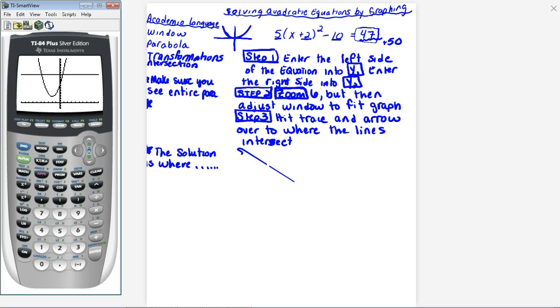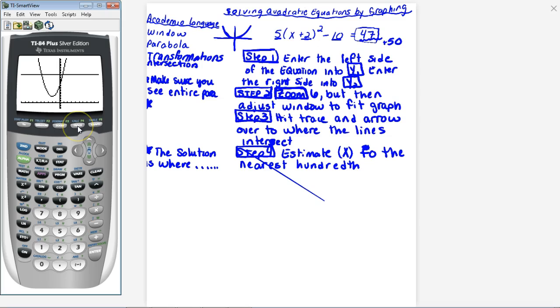So step 4, estimate x, and let's say that's 2, to the nearest 100. Okay, so 2 decimal points. So go back over to the calculator.